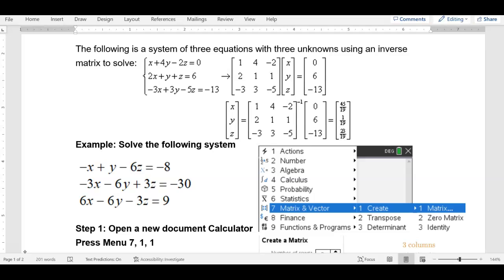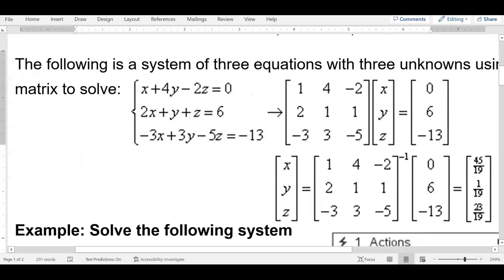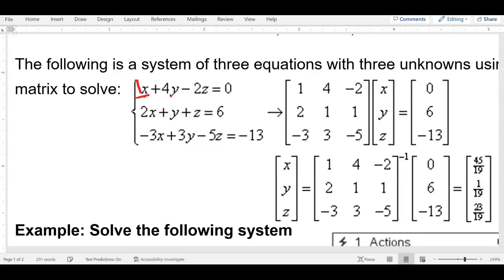Now look, in front of x, y, and z, these are called coefficients, right? If there's nothing in front of x, what number goes right there in front of that x? There's a 1 right here, right? So I want you to see these numbers, 1, 4, -2, 2, 1, 1, -3, 3, -5.